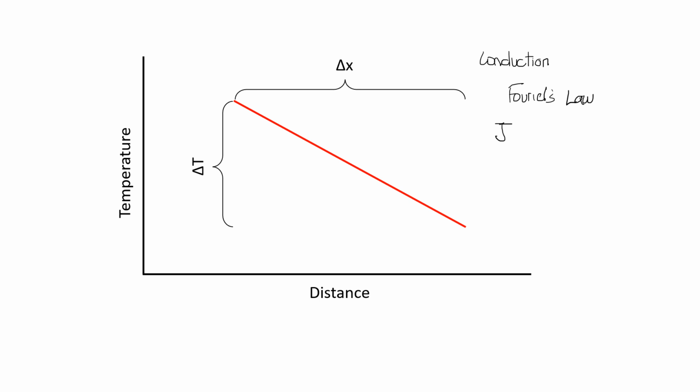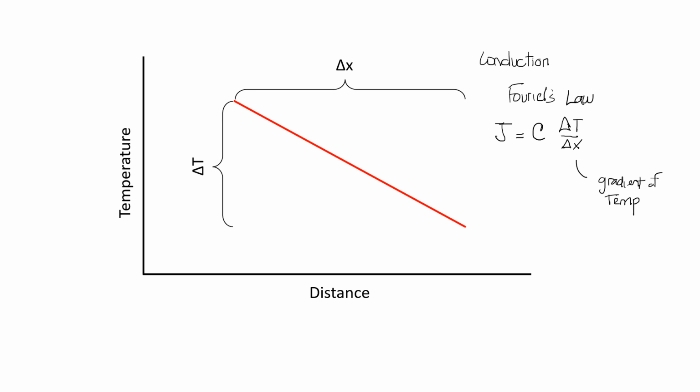The flow of heat is equal to some constant C, which is called the thermal conductivity or diffusivity, times the quotient of the temperature change divided by the distance over which that temperature change occurs. We call this thing the gradient of temperature. So if I were to graph temperature on the y-axis versus distance on the x-axis, it's essentially the slope of this red line.